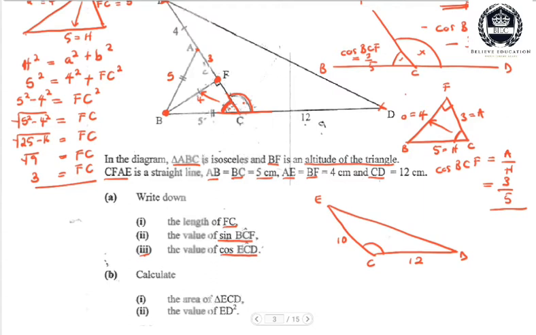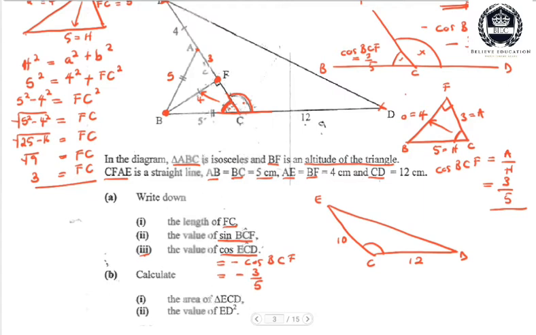Our value for cos ECD is the same as negative of cos of BCF, which is equal to negative of 3 over 5. So this will be our value for cos ECD.